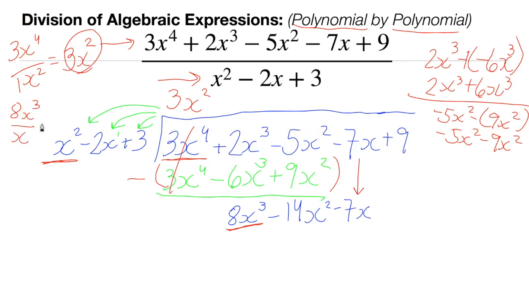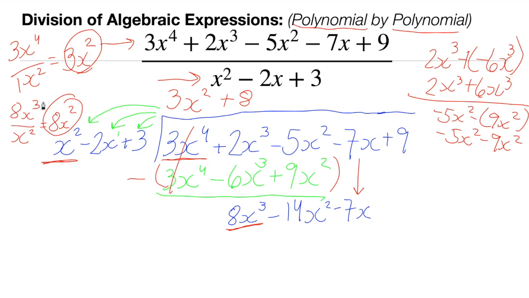So the answer here is going to become 8x, 3 minus 1 is 2. That will be our answer for the second term of our quotient. Oh, sorry, this should be x squared rather, because our denominator is x squared.